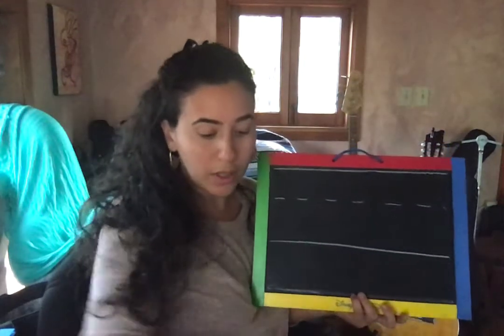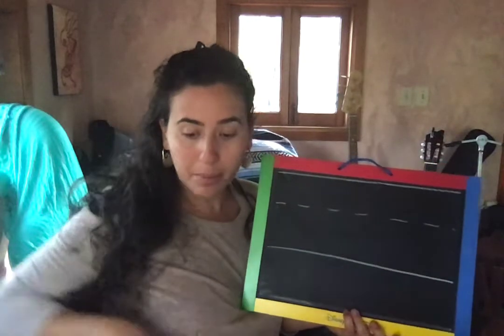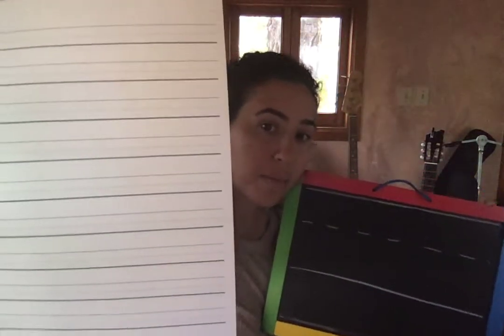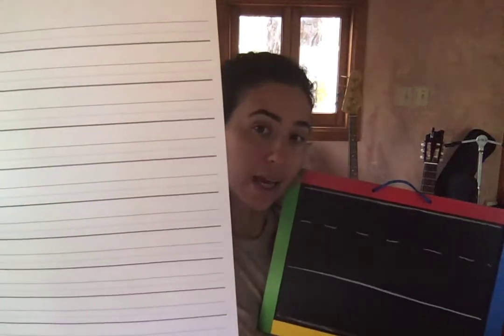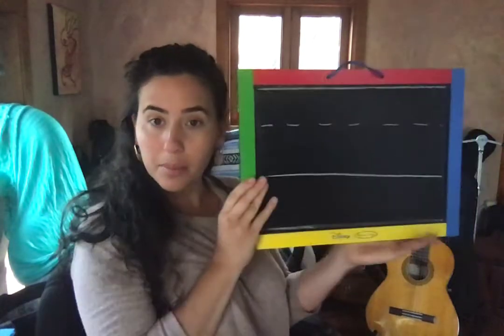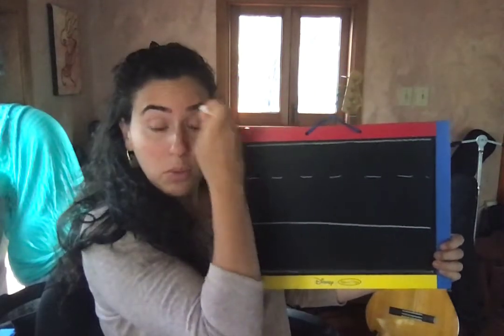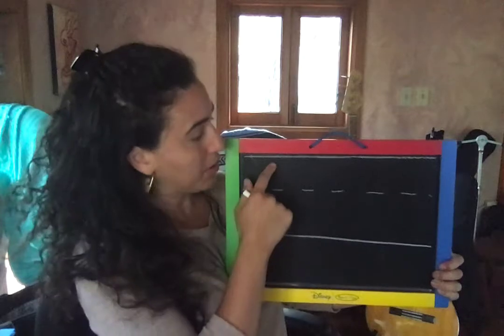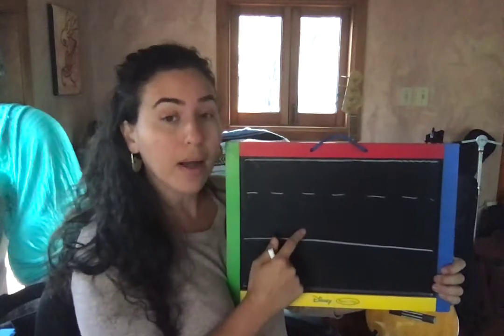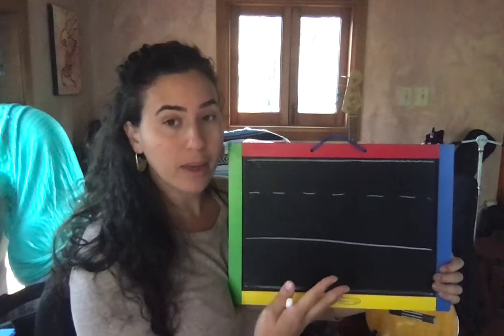So when we're working on handwriting at a younger age, we would use modified paper that has a top line, a bottom line, and a middle dotted line. Okay, so we're starting on a bigger board here. Once they understand the concept of a top line, a middle line, and a bottom line, then you can begin to do the Size Matters program.